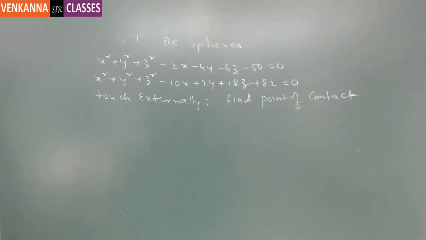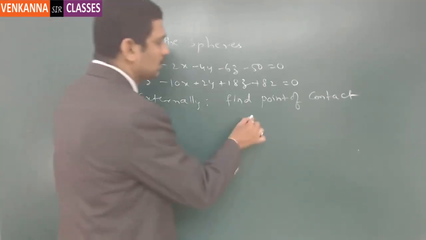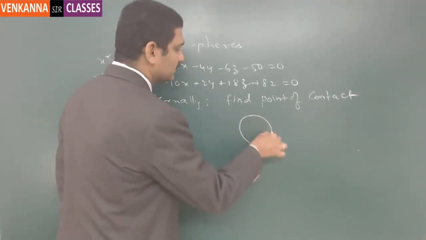I have to show that the two spheres touch externally, and since whenever they touch you just have one point common to them, we have to calculate the point of contact. So for a small visualization you can have the picture like this.